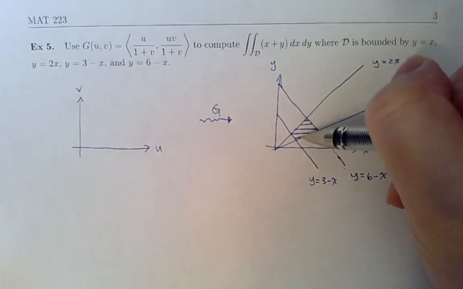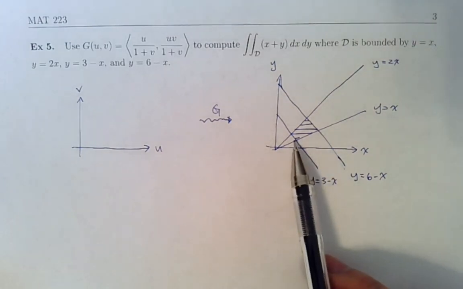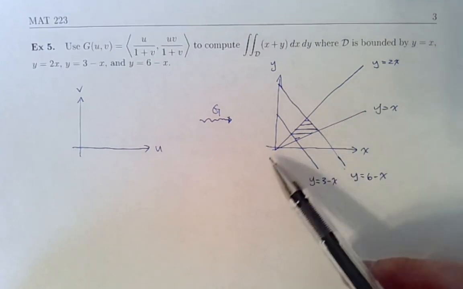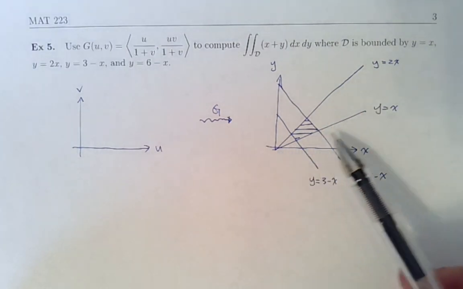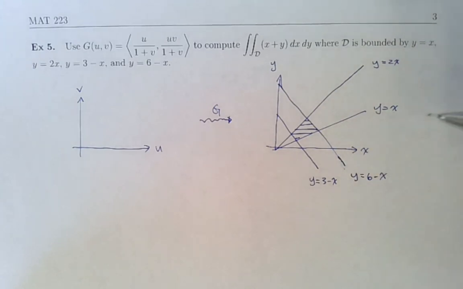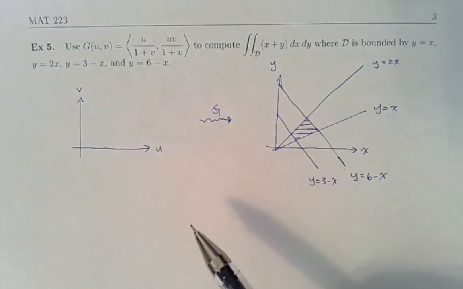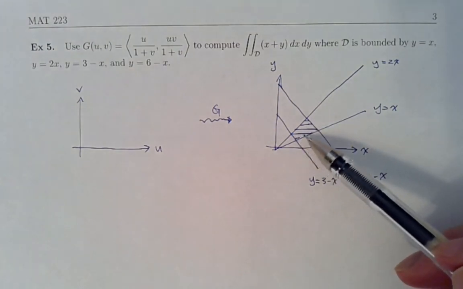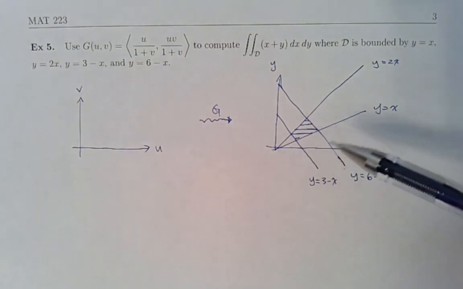Sometimes the left side would be using the y equals 3 minus x line. Sometimes it'll be the y equals 2x line. And for the right side, it'll be y equals x and sometimes switch to y equals 6 minus x. So how you would integrate this without changing variables is that you would split this region up into maybe 3 pieces.